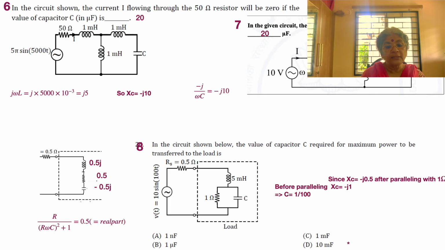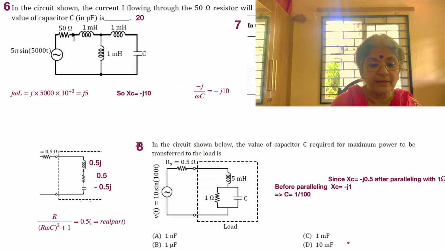That's on one side. On the other hand, you can also remember that if you are having a real and an element with a J value there. Okay, it's not an imaginary element; it's a capacitance. So if you are having two such elements, one is real and the other is with a J value there, and they are both the same, that is 0.5 and 0.5J, in that case you can say that the parallel combination is going to be double of it.